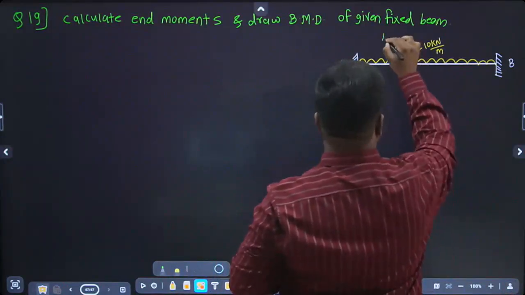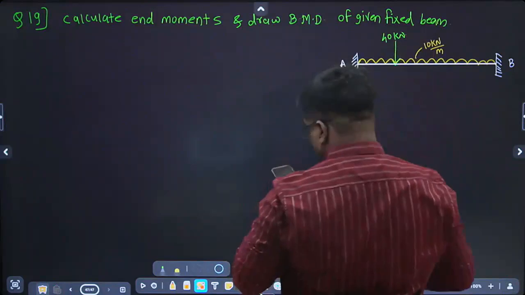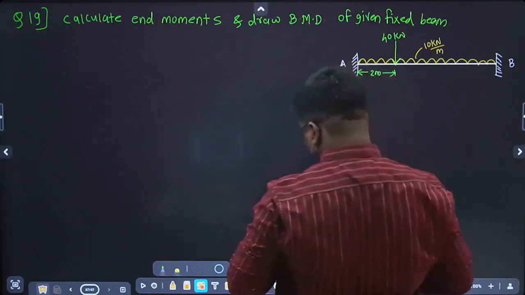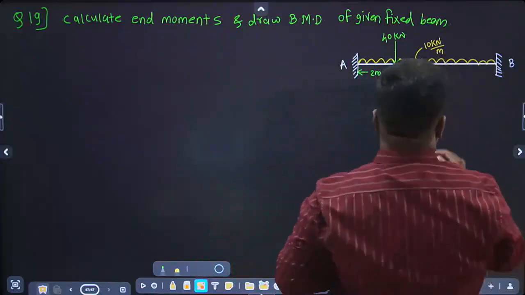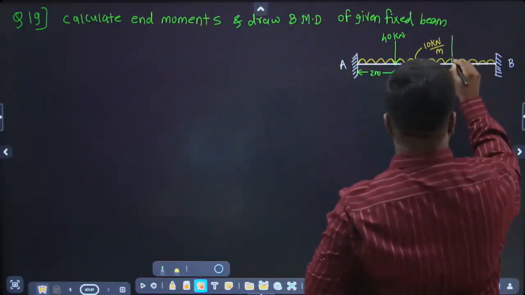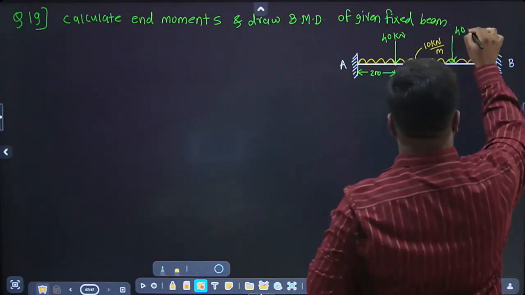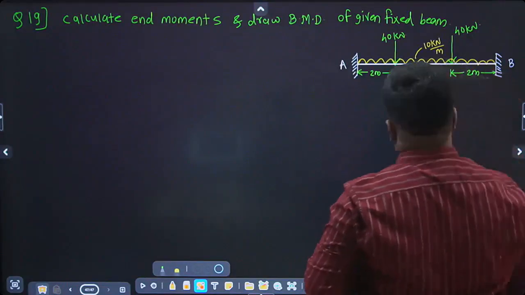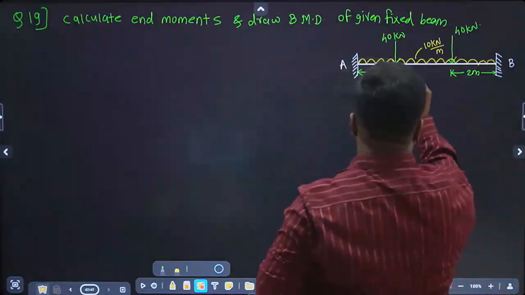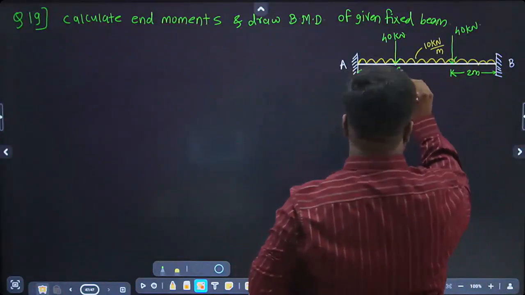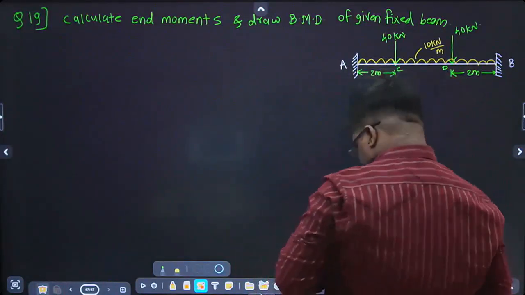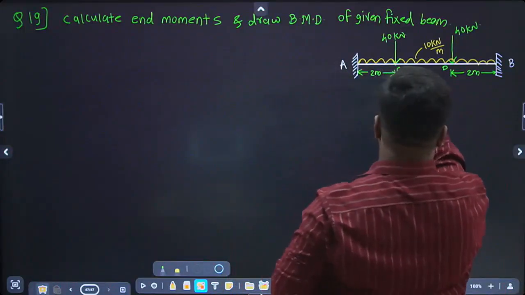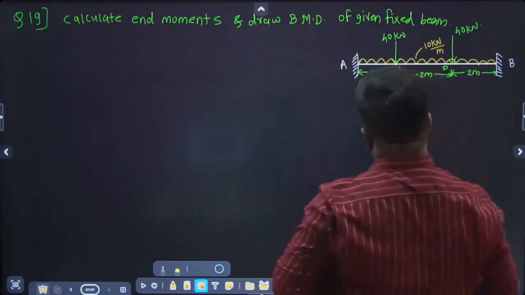At a distance of 2 meter from the left support, and again 40 kilonewton at a distance of 2 meter from point B. These are the points C and D. This point is C, this point is D, and this distance is again 2 meter.